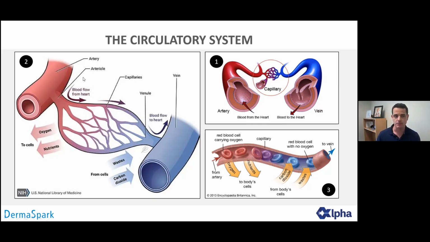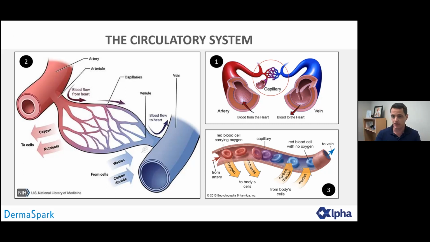In the part of the capillaries that is closer to the arteriole, in the arterial end of the capillaries, the pressure inside the capillaries is greater than the pressure outside the capillaries. And this is what allows oxygen and nutrients and fluids to escape from the capillaries into the outer environment.